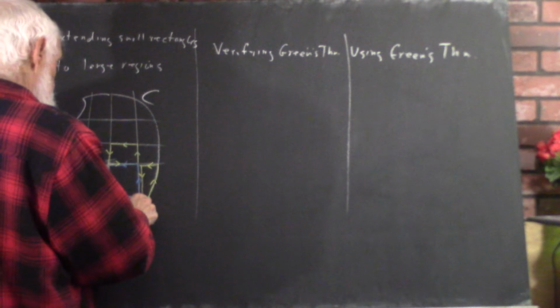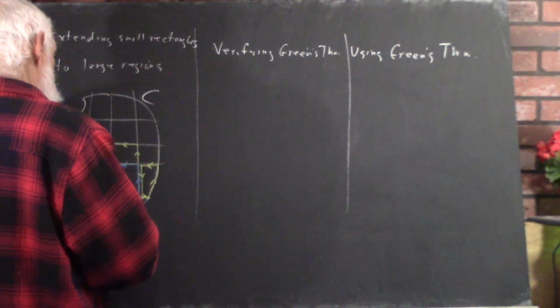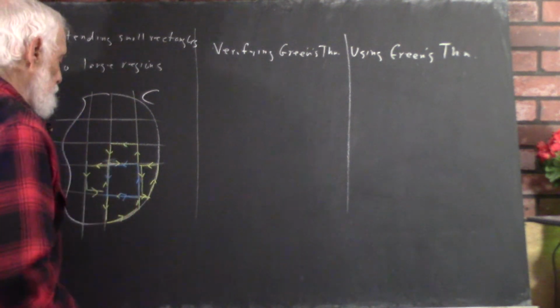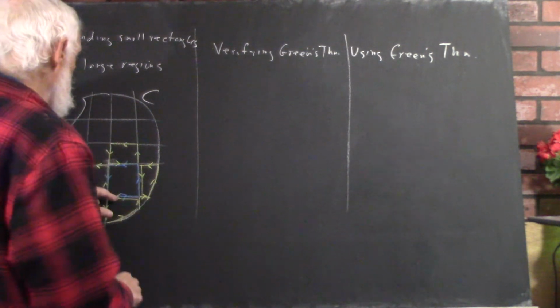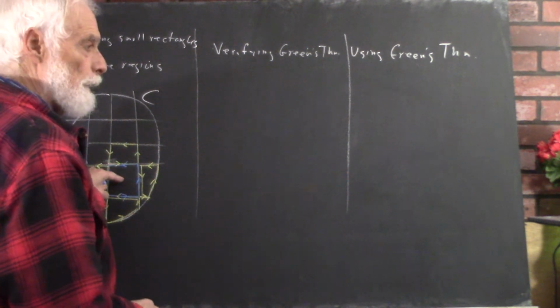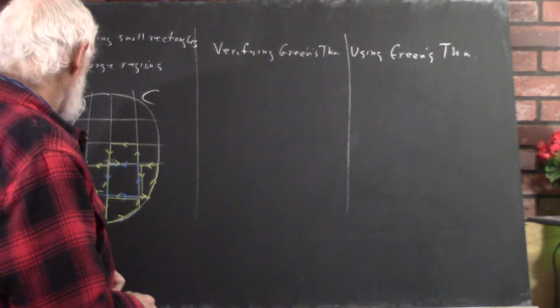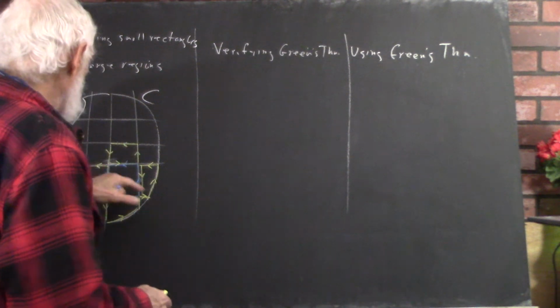And then we integrate down here, and we integrate over this path, which again cancels what we have here. So the total contribution of this rectangle is subsumed by everything that happens on its boundaries.